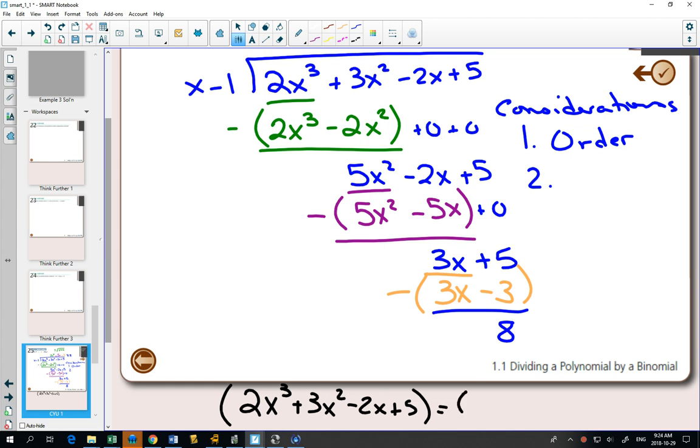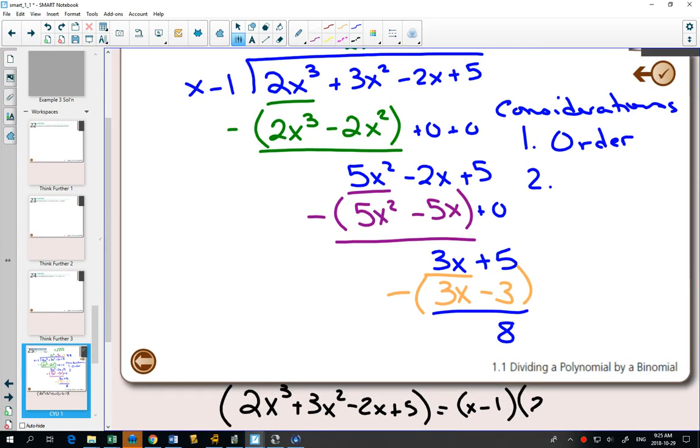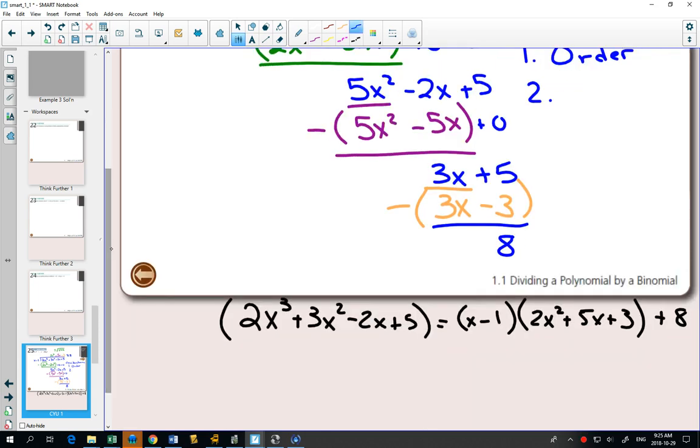If I want to say it's equal to x minus 1 times something, the closest something that exists is 2x squared plus 5x plus 3, but it doesn't quite work. It's off by 8. You have plus 8.